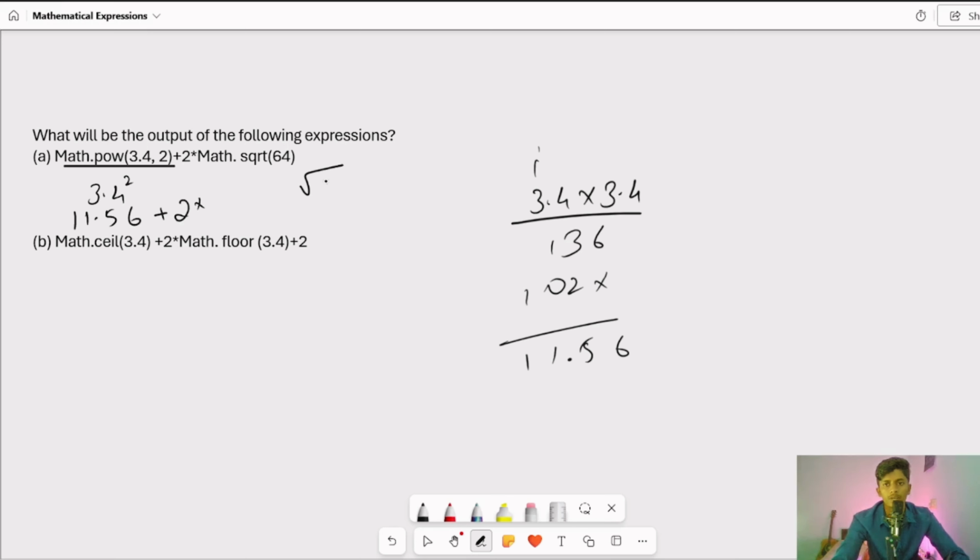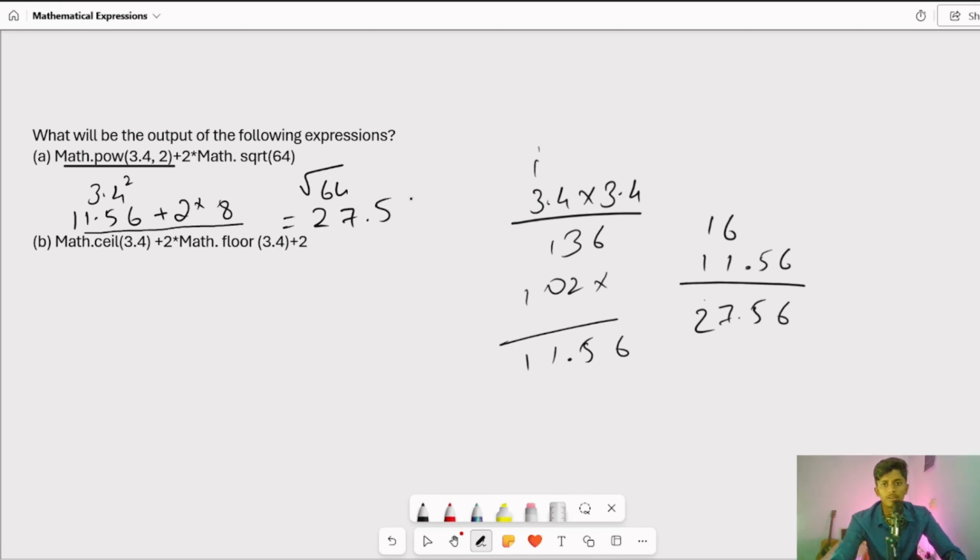That is, square root of 64 is 8. Now we'll solve this. 2 into 8 is 16, and 11.56 if we add it, the answer is 27.56.